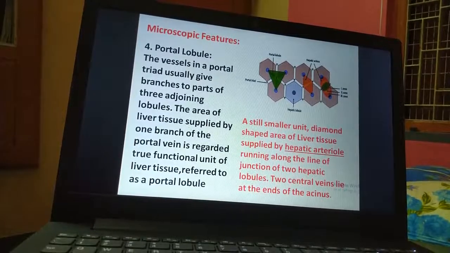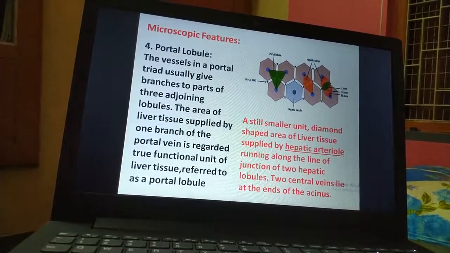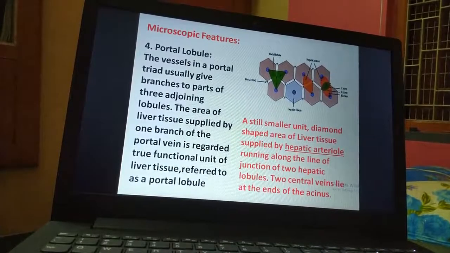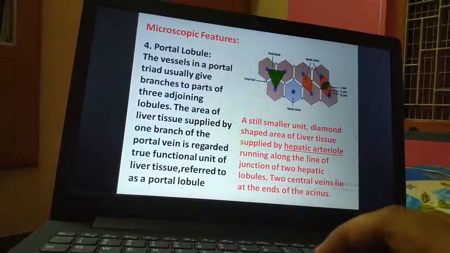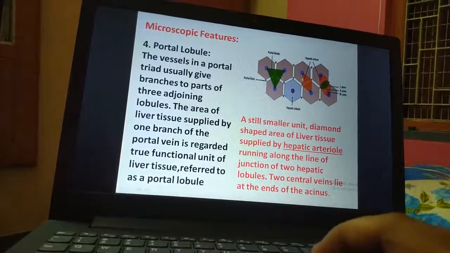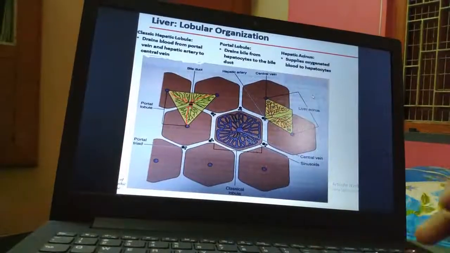Here we should also remember the smaller unit, the diamond-shaped area of liver tissue supplied by the hepatic arteriole running along the line of the junction of two hepatic lobules, with two central veins lying at the ends of the acinus. So from here we see this central vein and that other central vein.